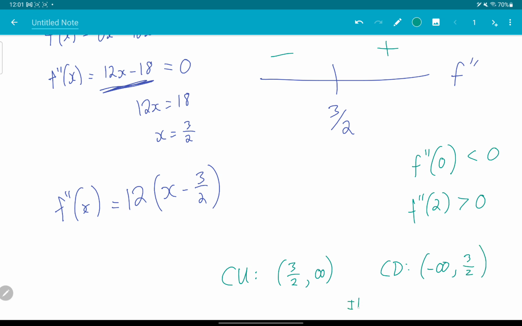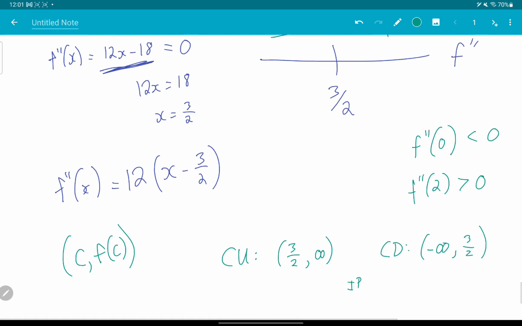And the inflection point, well, that's a bit awkward here. Remember, it was C, f of C. I got my C value here, so now I need to find f of 3 over 2.